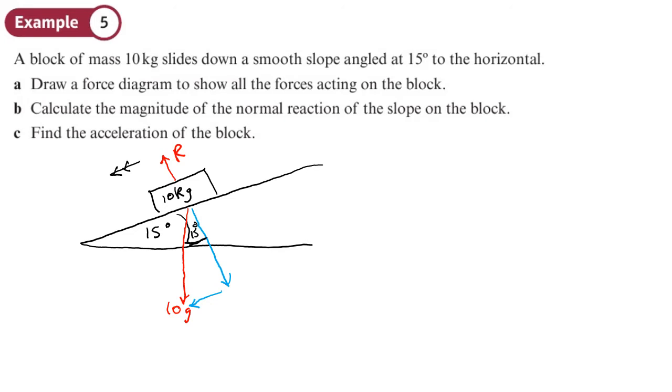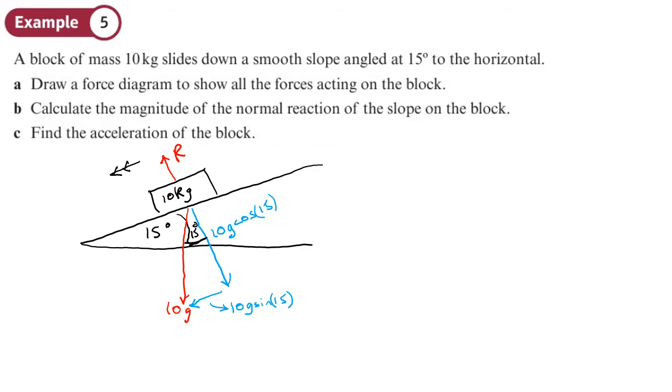It'll always be the same as the incline to the plane. And the force opposite the normal reaction is going to be 10g cos 15, and this one down here is going to be 10g sine 15. There we go. We put all the forces on the diagram.